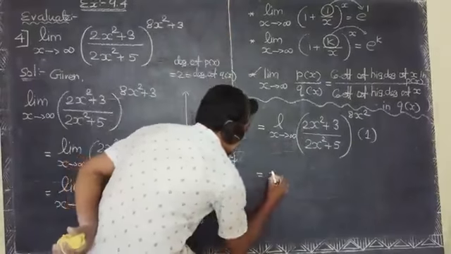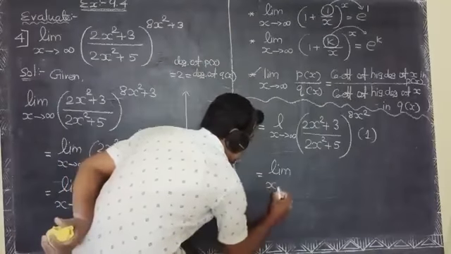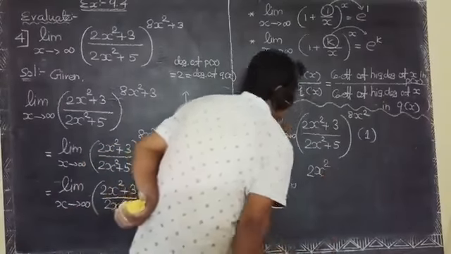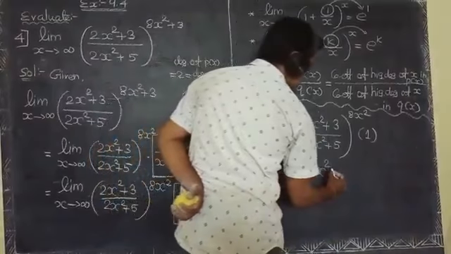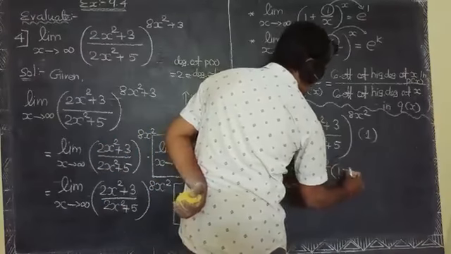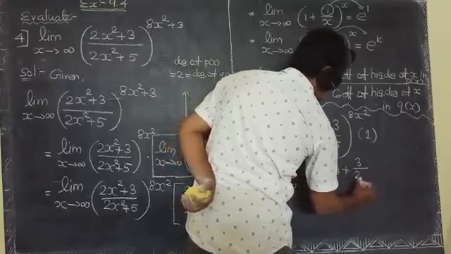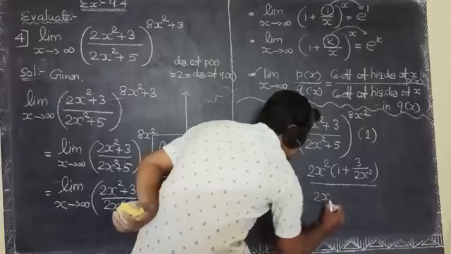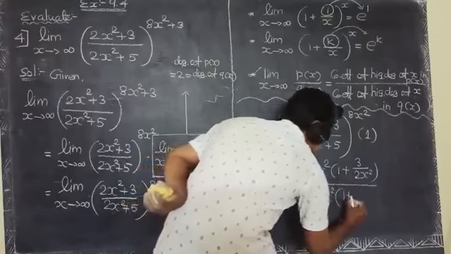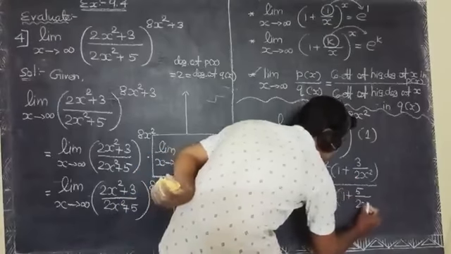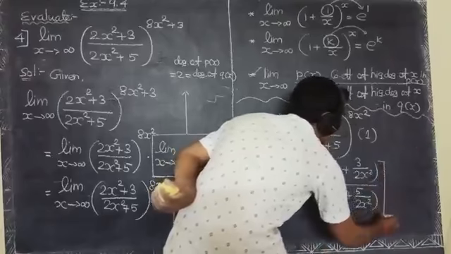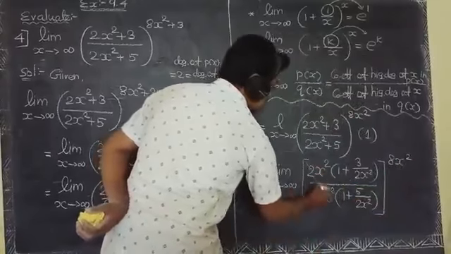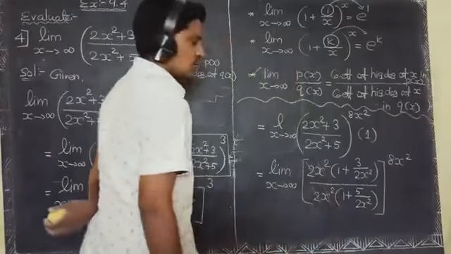That is limit x approaches infinity, take outside 2x square: the numerator is 1 plus 3 divided by 2x square, then the denominator is 2x square times 1 plus 5 divided by 2x square, whole power 8x square. Here 2 is cancelled, x square is cancelled.